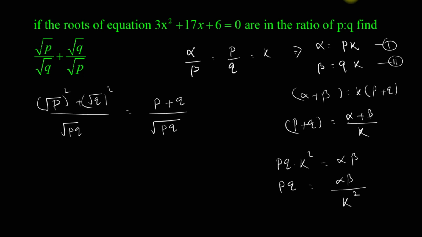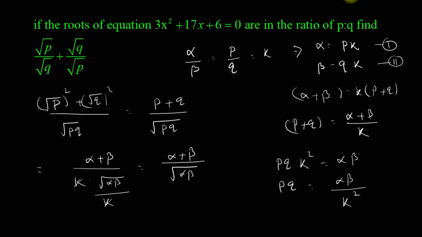So here we put the value of p plus q. We can write p plus q over under root pq as alpha plus beta divided by k, into under root alpha beta divided by under root of k square, which is k. So here k and k cancel. Basically we have to find alpha plus beta divided by under root alpha into beta.